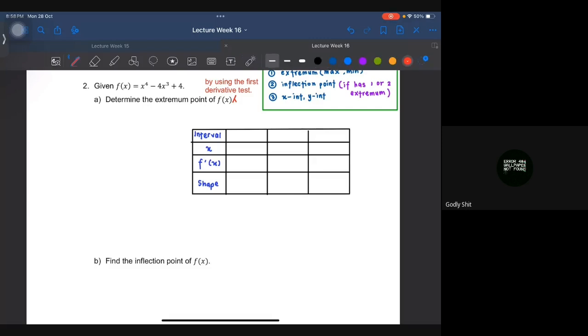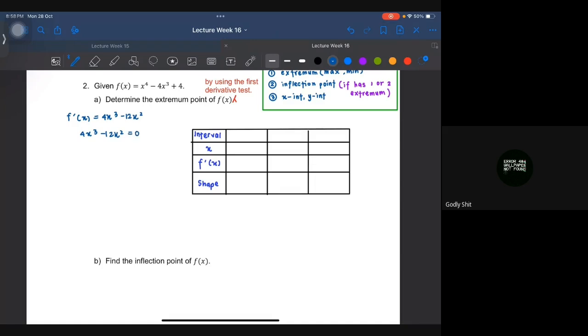So the first step is to differentiate it. Let's find the f prime first. Your f prime is equal to 4x cubed minus 12x squared. That's it. Then we equate it to 0. So 4x cubed minus 12x squared is equal to 0.